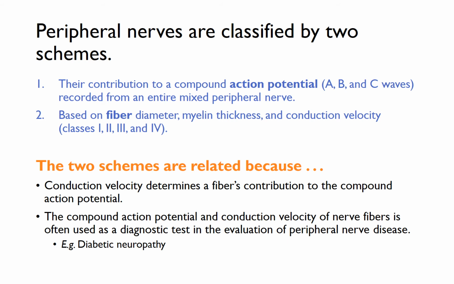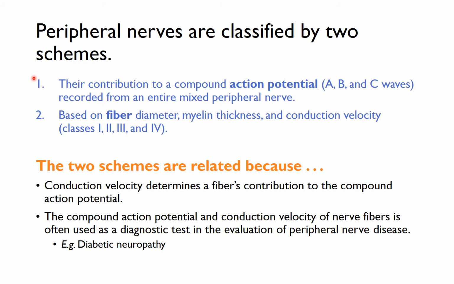There are two major classifications that we use to identify a peripheral nerve, at least electrophysiologically. Let me pull up my laser pointer. The first one is up here in the top line. It is saying that we can classify or name any peripheral nerve according to the way that it contributes to compound action potentials.